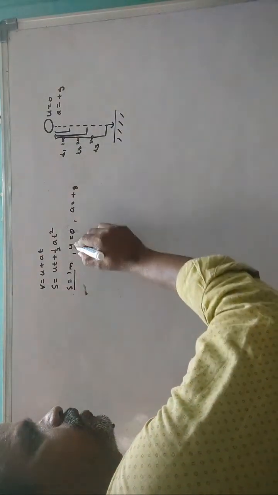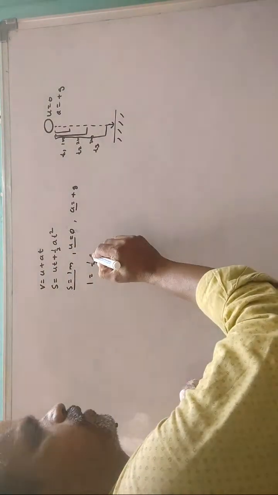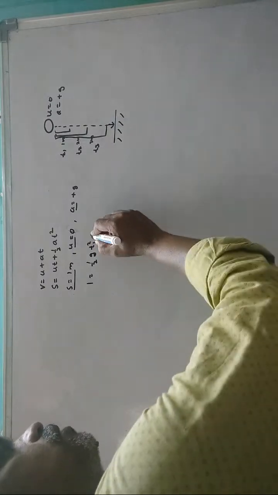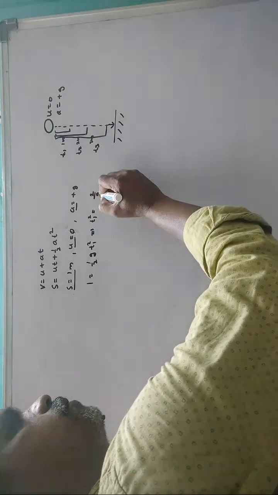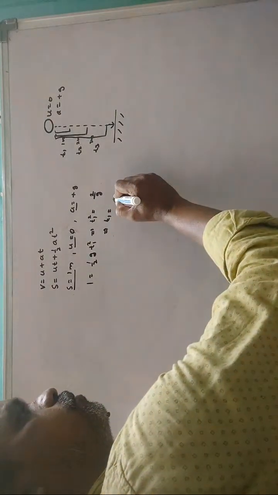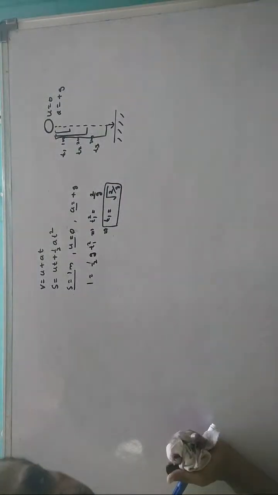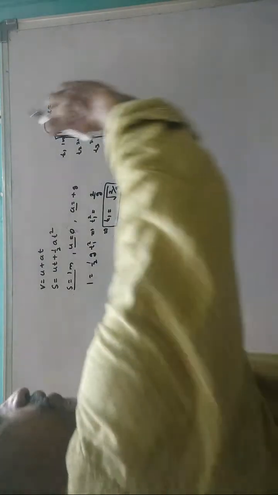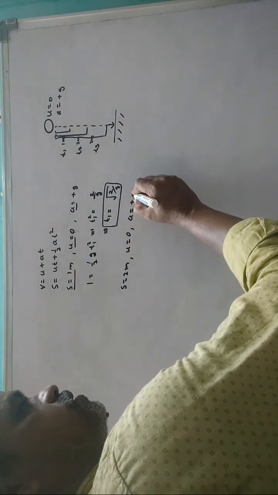First one: s equal to 1 meter, u equal to 0, a equal to plus g. So 1 equals ut, which is 0, plus half g t square. Here we get T1 square equal to 2 by g, so T1 equal to under root of 2 by g. Next, s equal to 2 meters, u equal to 0, a equal to plus g.